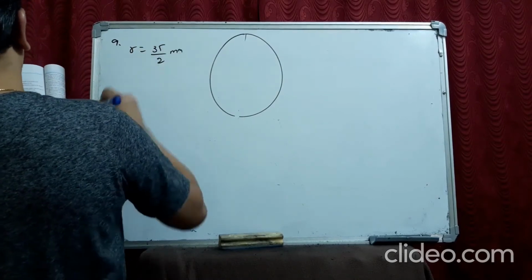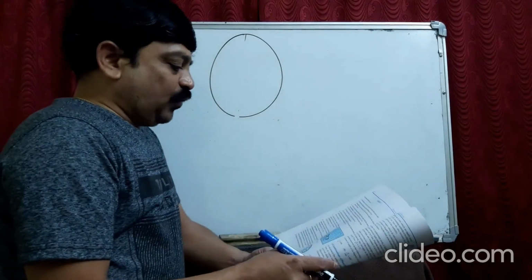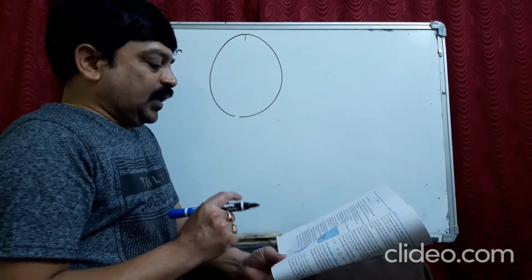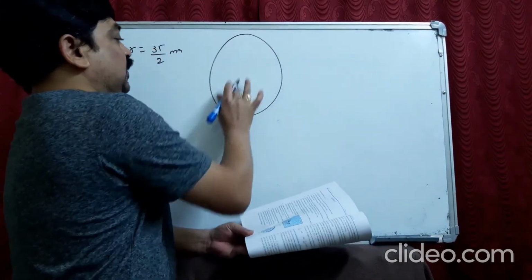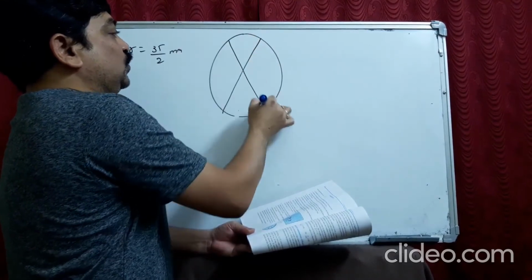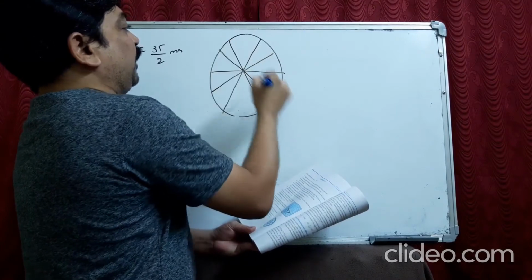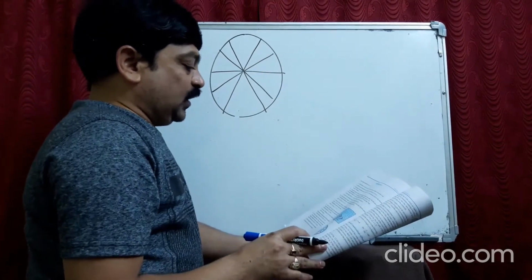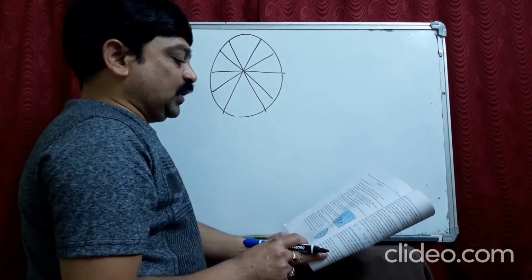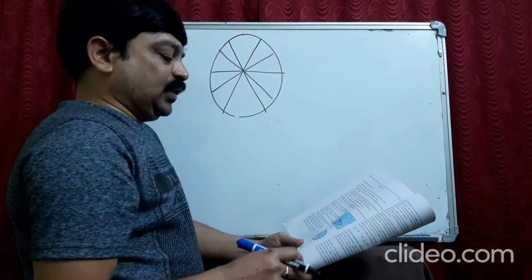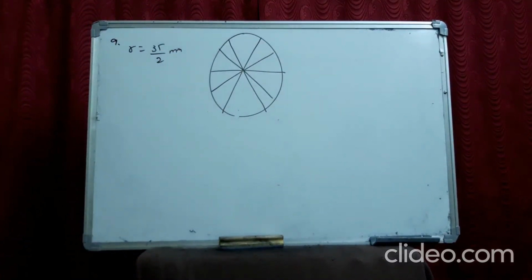The wire is also used in making five diameters, 1, 2, 3, 4, 5 diameters, in the form of a circle, which divides the circle into 10 equal sectors as shown in the figure. The total length of the silver wire required, you have to find out, and also the area of each sector of the brooch.